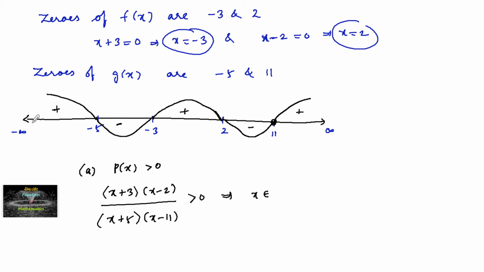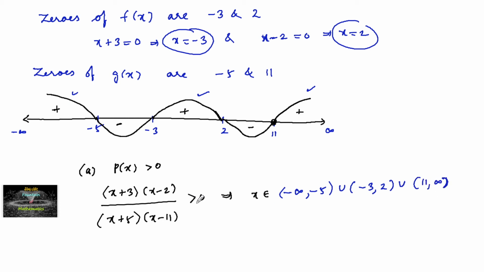It is positive in the region from −∞ to −5 here, and again from −3 to 2, and again from 11 to ∞. So we can combine them: (−∞, −5) union (−3, 2) union (11, ∞).